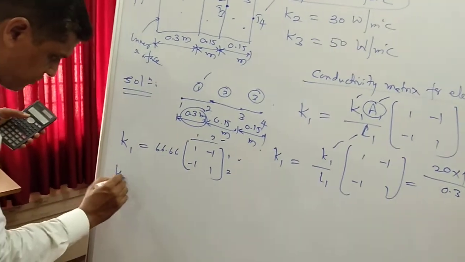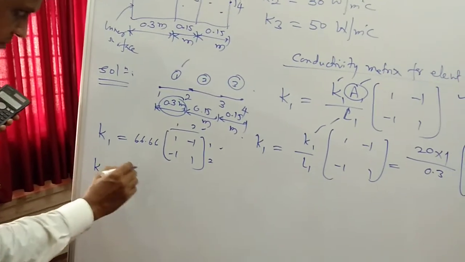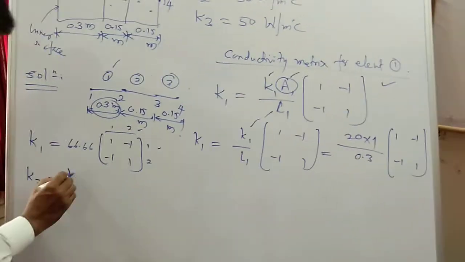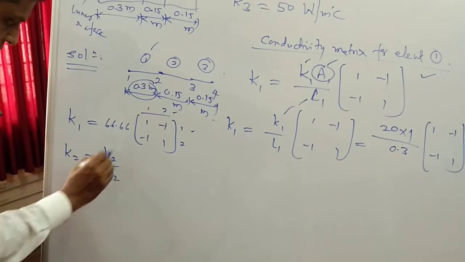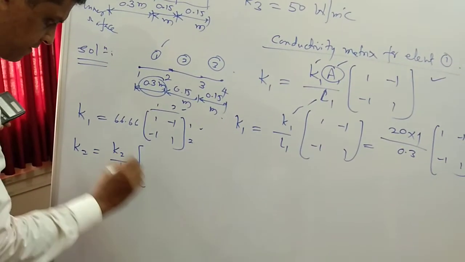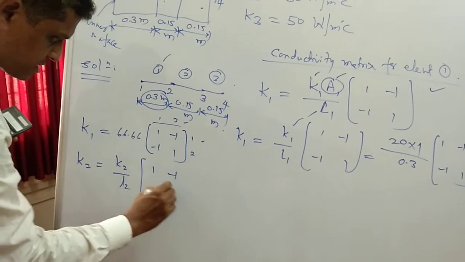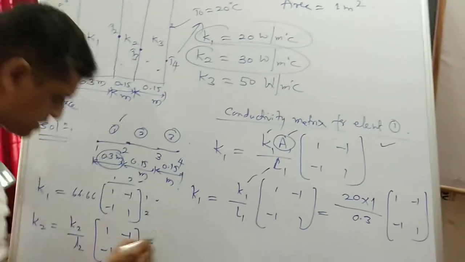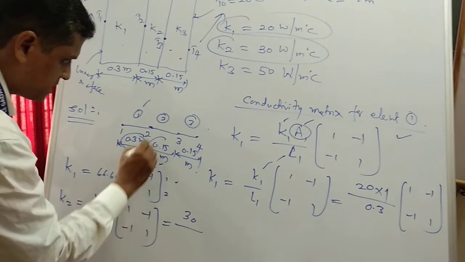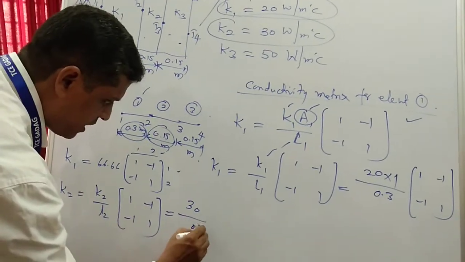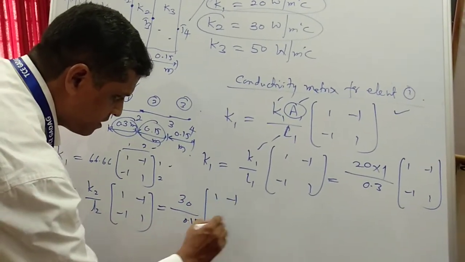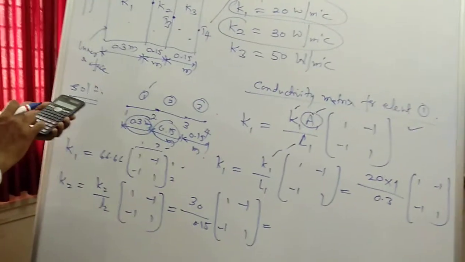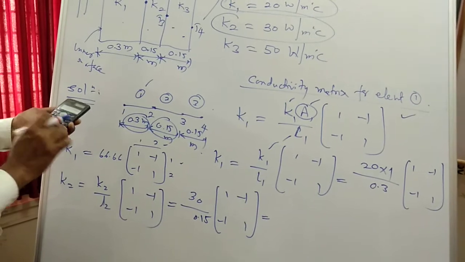Now likewise you find the conductivity matrix for element number 2, using the formula K2 by L2. Since area is unity, I will write only K2 by L2 into [1 -1; -1 1]. The thermal conductivity of material 2 is 30, divided by the thickness 0.15. If you calculate the ratio 30 divided by 0.15, we will get 200.